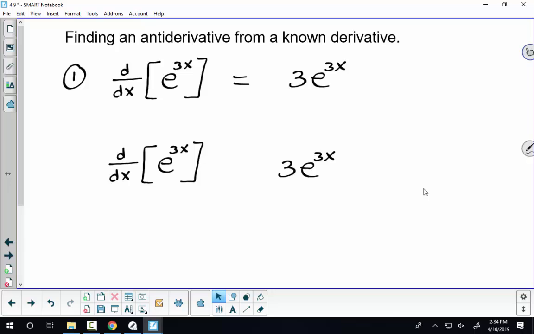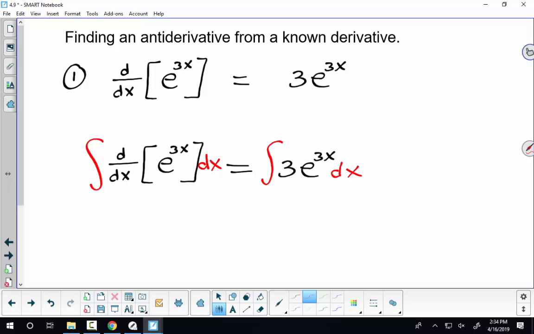What we stated earlier, just by the definition of an antiderivative, it is the reverse or the inverse process of the derivative. So let's say I know this fact, then what happens if I take the antiderivative with respect to x on both sides of my equation?